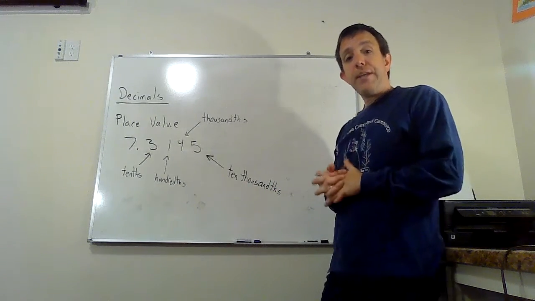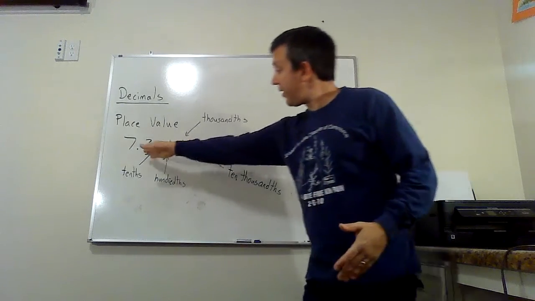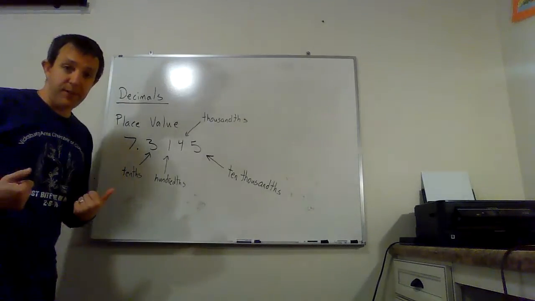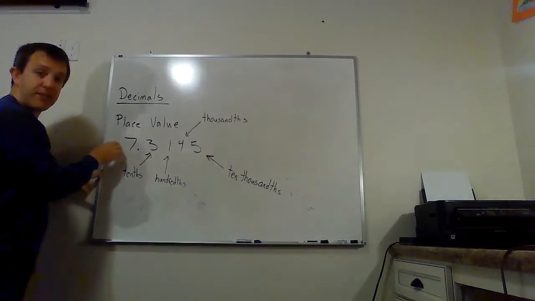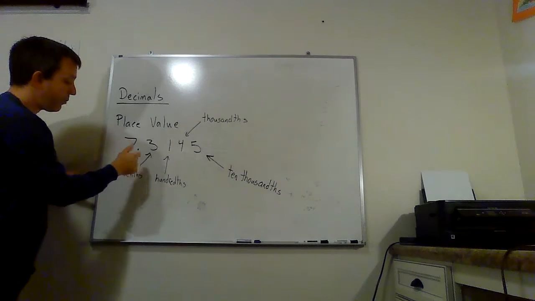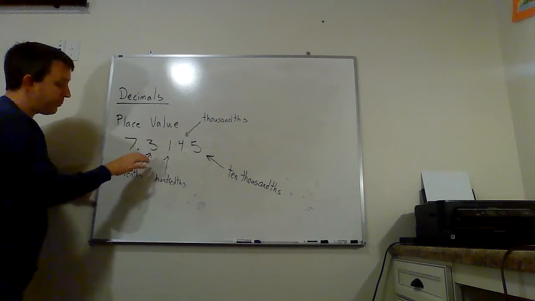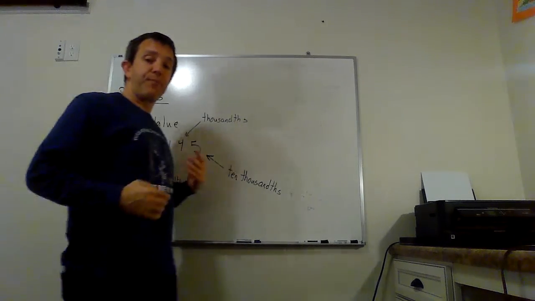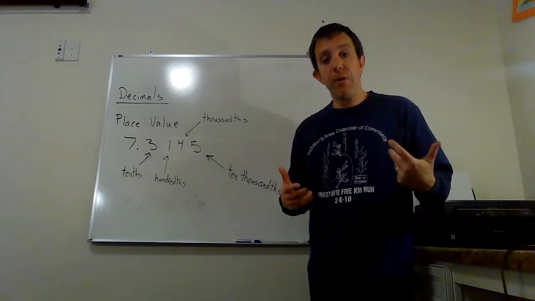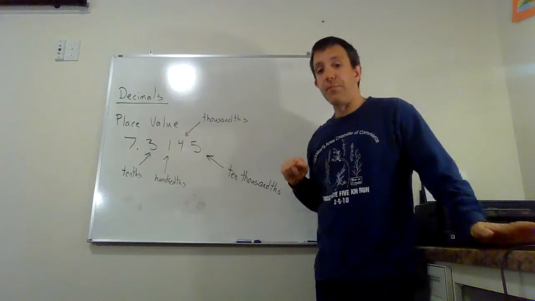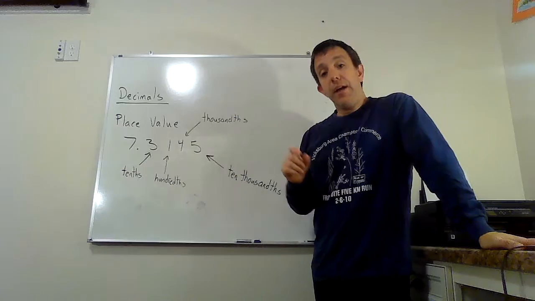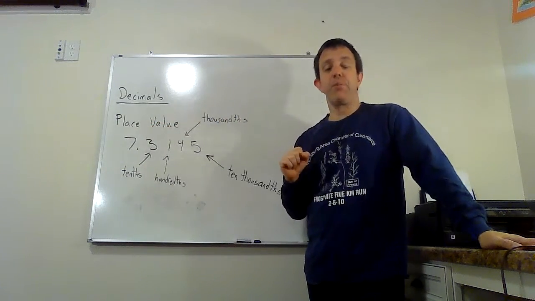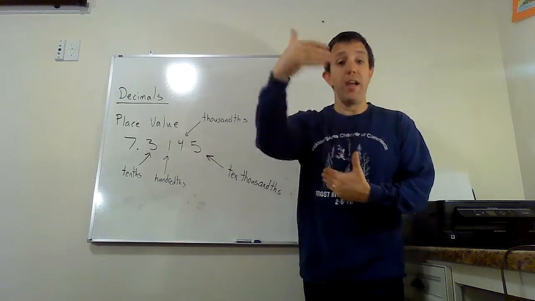Now, importantly, the places as we go to the right of the decimal point are very similar to the ones we would have going to the left. Going to the left, we have our ones place, but then we have tens, hundreds, thousands. After the decimal point, we don't have any ones place, but we do have tenths, hundredths, thousandths, and 10,000ths. It's very important that you notice that these names are the same as the ones on the left of the decimal point, but we've added a th, which means that many would make a whole.